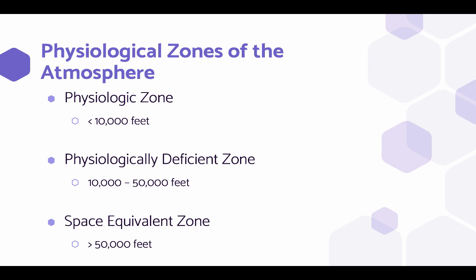Above that, above 50,000 feet, is our space equivalent zone. So now in the space equivalent zone, supplemental oxygen and a pressurized aircraft is no longer adequate. So now we need a sealed cabin, and we need pressurized suits to maintain our partial pressure of oxygen.